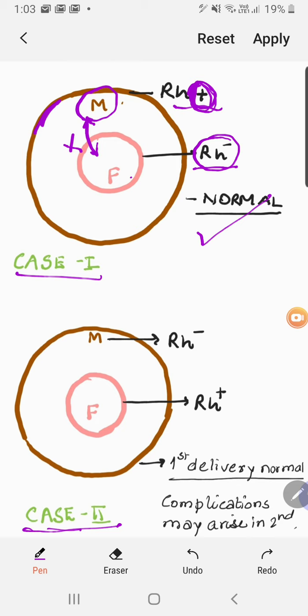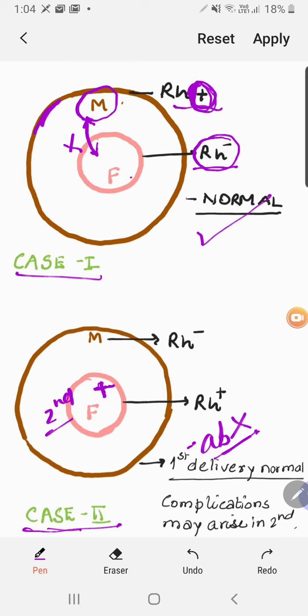Right? Understand this fact, that in subsequent deliveries, if the same case arises where the fetus is Rh positive, right? Suppose this is the second delivery and the fetus is again Rh positive. Initially in the first delivery the mother was not having any antibodies, but during the first delivery she produced them. By any chance, if she came in contact with the blood of the fetus which was Rh positive, she started producing antibodies against it.